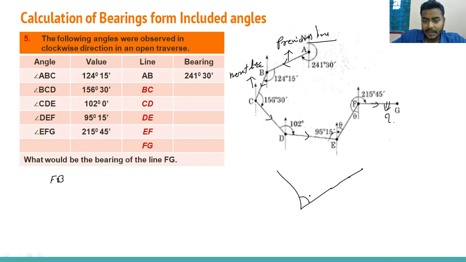There is an angle given, alpha, that is the included angle like this, and work is going like this, like P, Q, R, whatever. So this would be the next line, and this would be the previous line. We have to see the direction of progress of work. You have to find out the direction of progress of work.